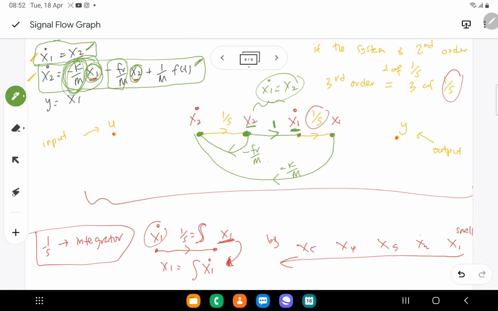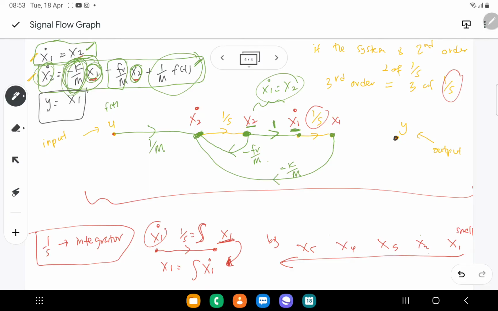And then after that, the x2 dot is also a combination with plus 1 over m ft. Since our input here is ft, we go there to the x2 dot with the gain of 1 over m. Done. Finally we go to the third equation that we need to construct, y equals x1.